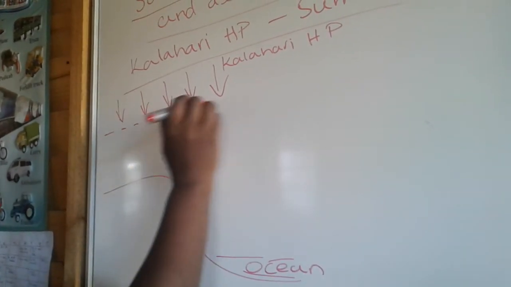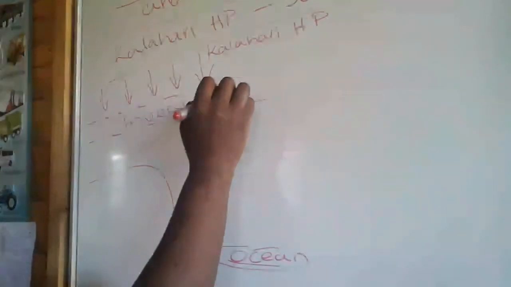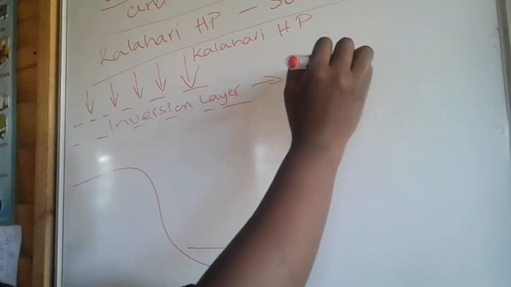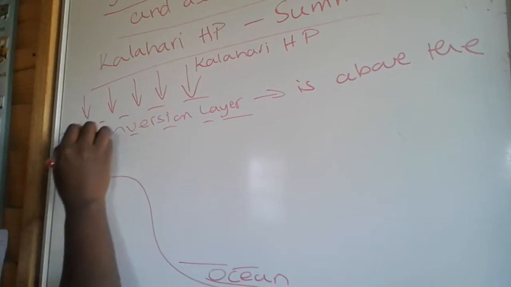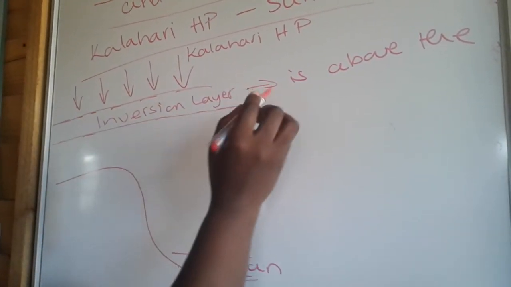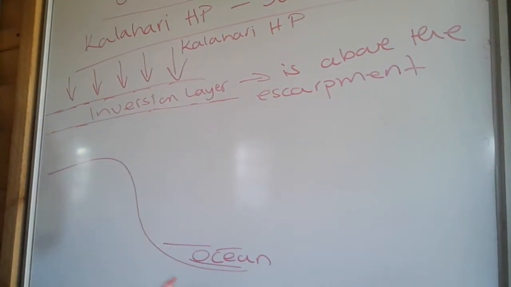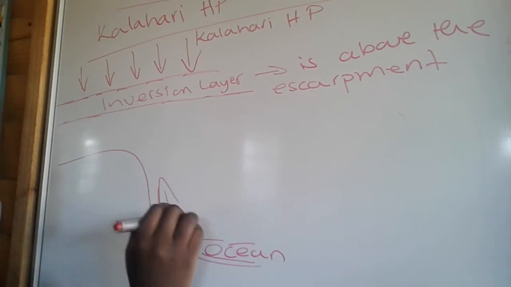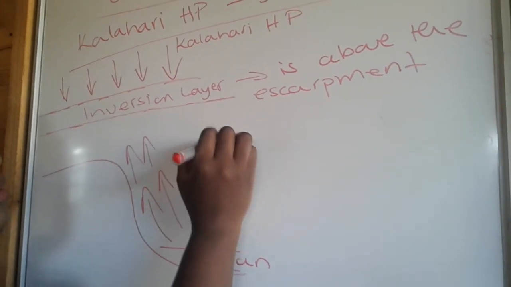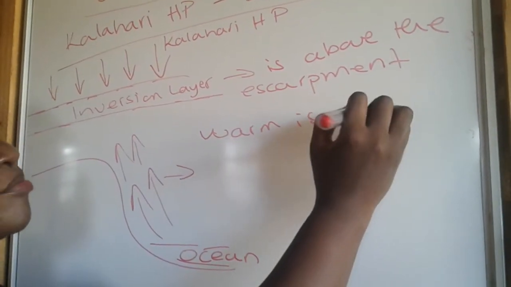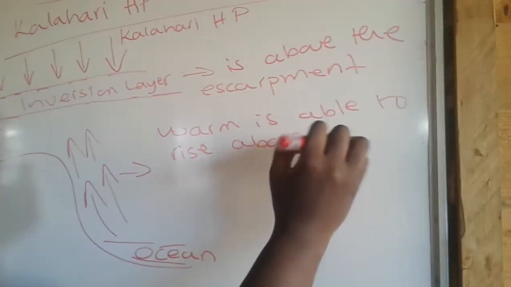As it moves in the upper levels of the atmosphere, the inversion layer is also above the escarpment. As it goes above the escarpment, what happens to the warm air? Warm air is able to rise above the escarpment.